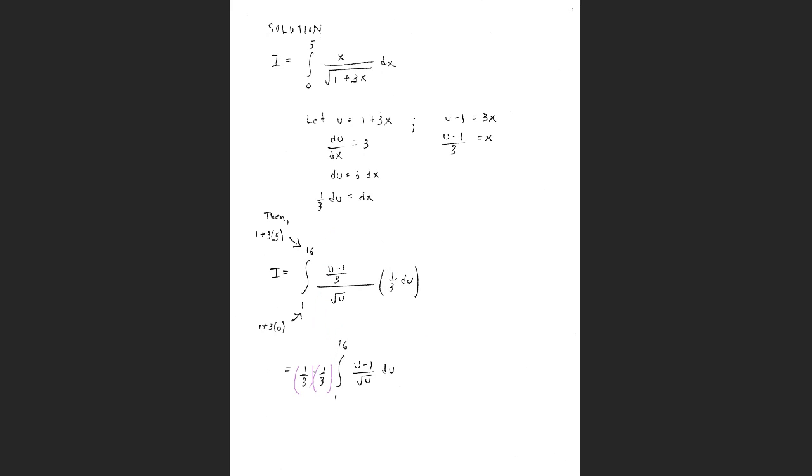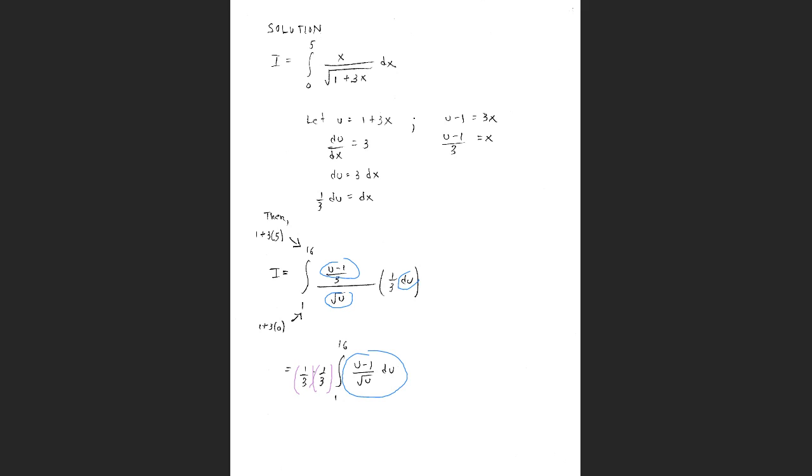Different people have different thought processes. Some people would just choose to leave those constants in, but it's going to make your life harder, because look what happened here. What was left when we pulled the constants out? We have the u minus 1 there, the square root of u here, and the du here. That's cool.